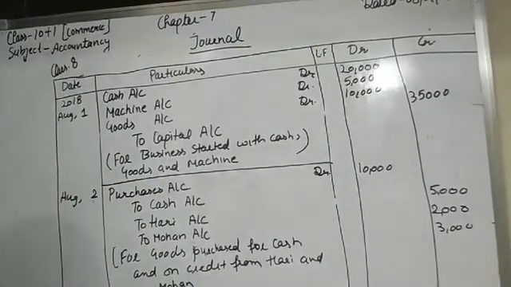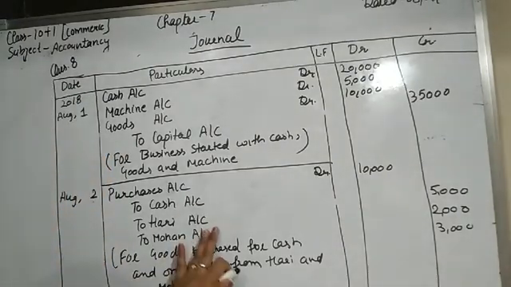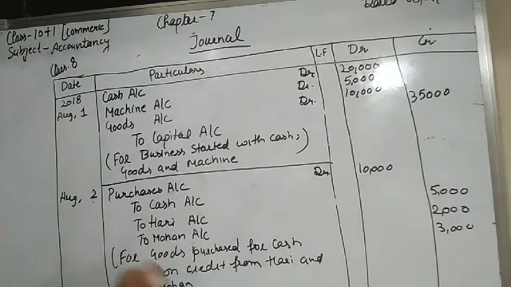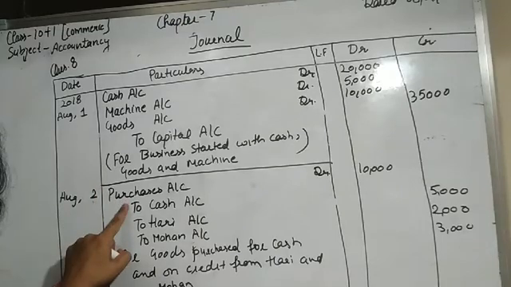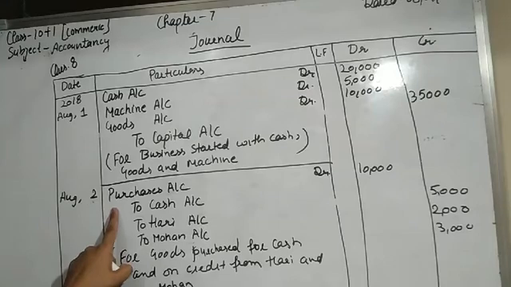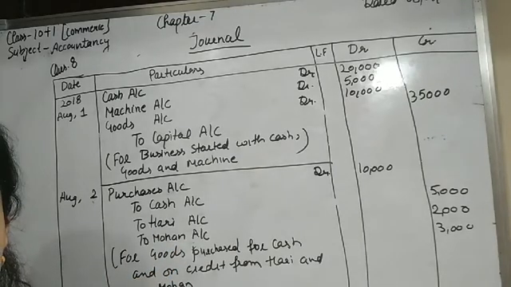Clear, students? So this entry is also a compound journal entry, because 3 transactions are there related to purchases. All these transactions are related to one account, purchase account: first purchases are done in cash, second are from Hari, and third from Mohan. Okay, so clear, students?